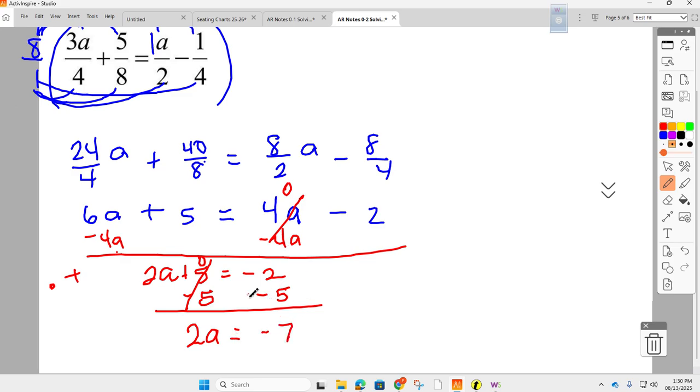Be careful, sometimes people subtract that. Subtract a negative, right? But it is a subtraction. Negative 2 minus 5 is negative 7. And undo the multiplying by 2 by dividing by 2. So 1a equals negative 7 halves.